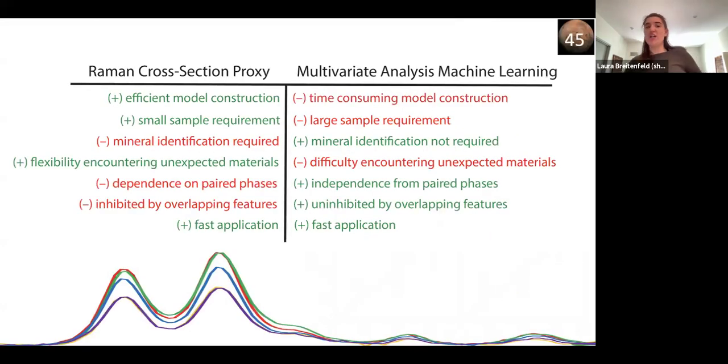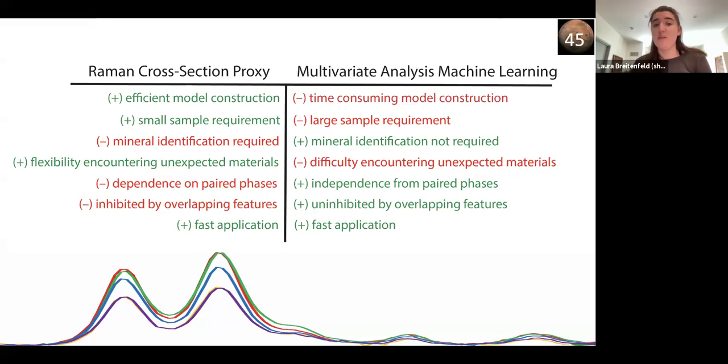So I wanted to talk through some of the pros and cons between these two different methodologies that I've gone into some detail on. So the Raman cross-section model is a much more efficient model to construct. Given this model, we only need a single sample to create a prediction, whereas for the multivariate analysis model, we must have an entire training set.